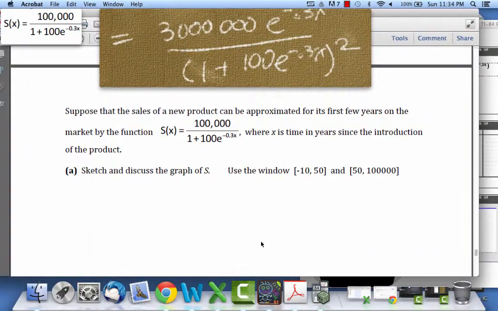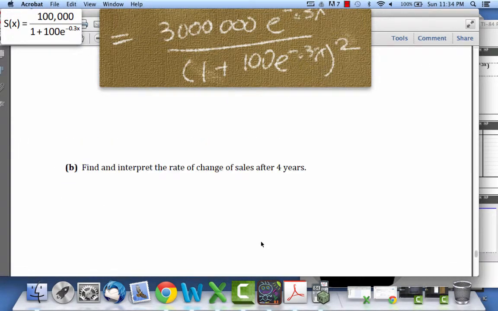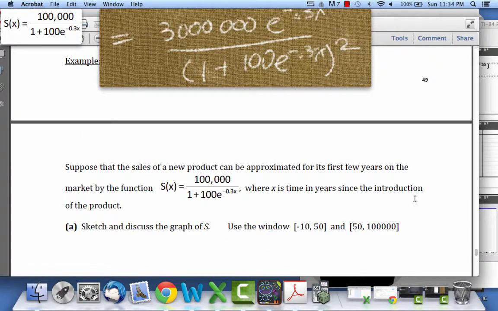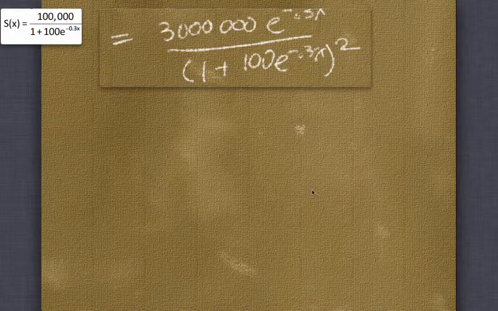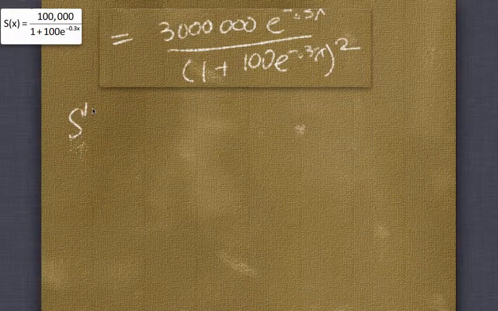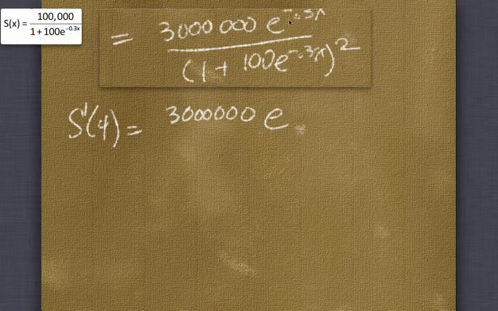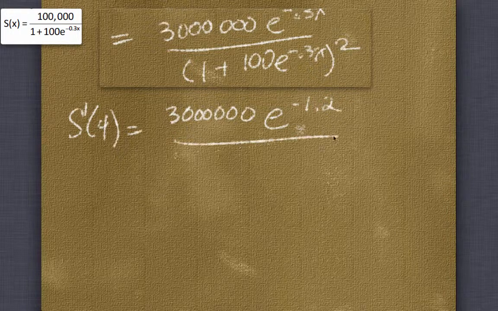Okay, so we wanted to plug in 4. So negative 0.3x is negative 1.2.